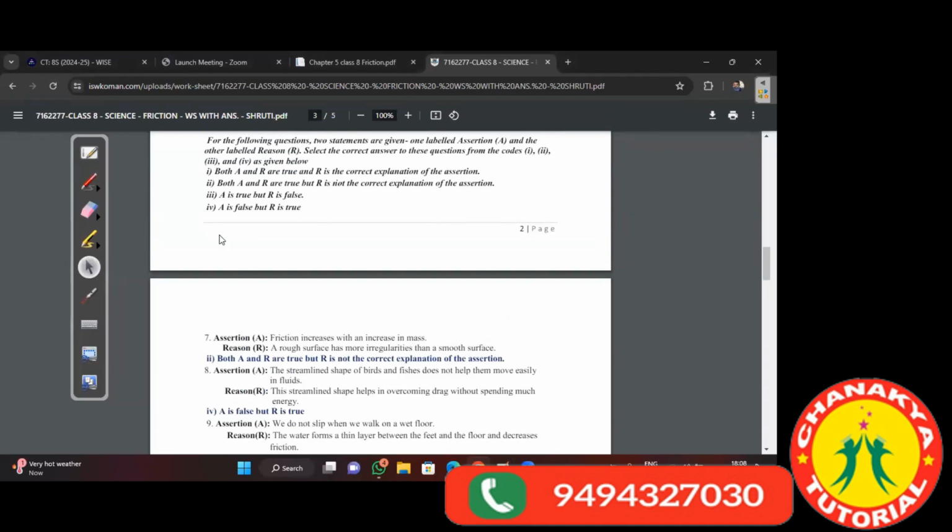Okay, so these are the options given. Every time these are the options. Your first option says that if both A and R are true and the reason is the correct explanation of the assertion, then only you will select option 1. If the assertion is correct and the reason is also correct, but the reason does not explain the assertion, then you have to choose option 2.